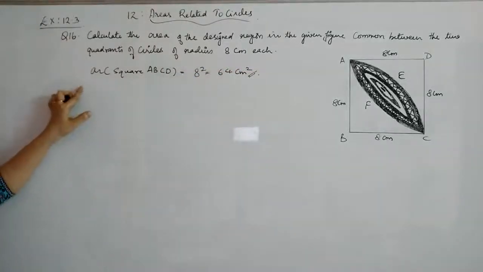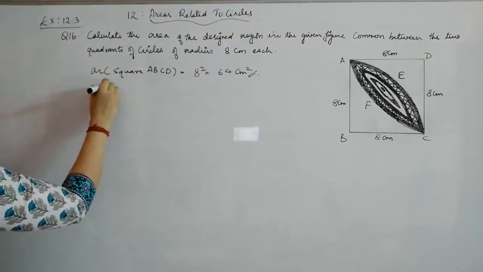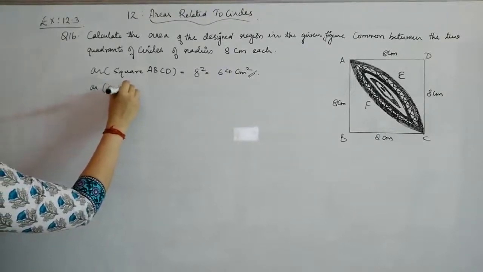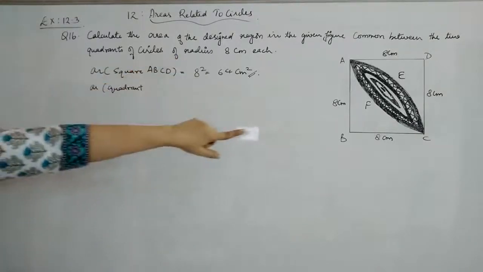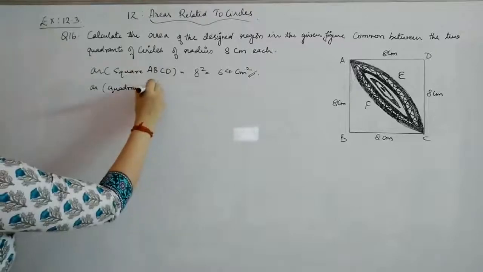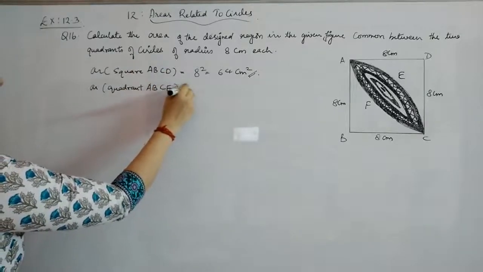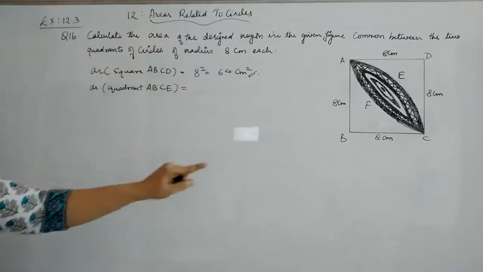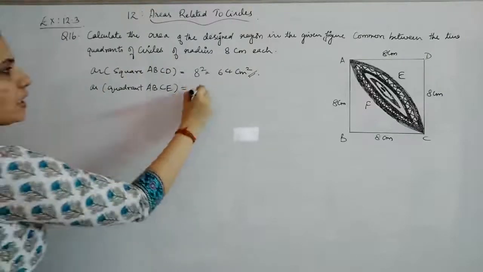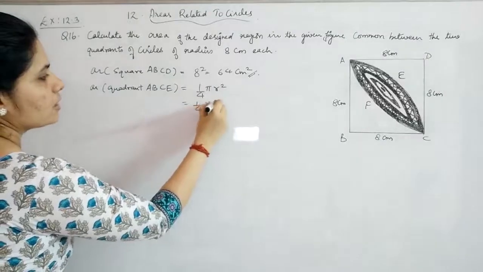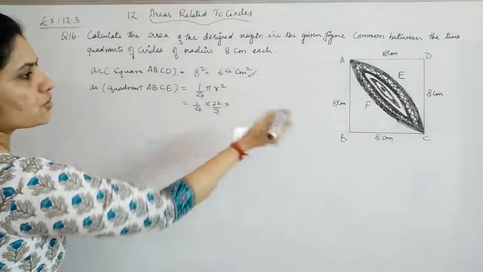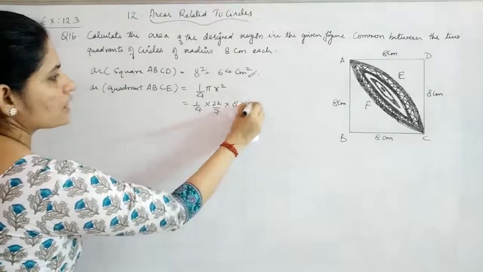Now we will find out what is the area of one of the quadrants. Okay, area of quadrant ABCE, which will be equal to, its radius is given and it is a quadrant, so we'll get 1 by 4 pi r square, which is 1 by 4 into 22 by 7 into r is 8, so 8 into 8.